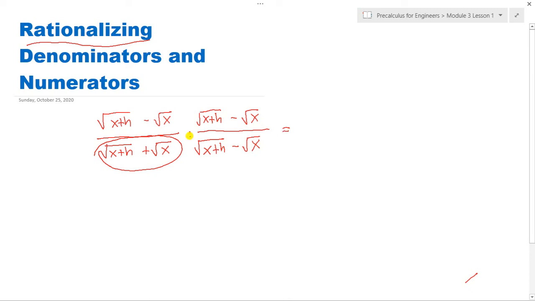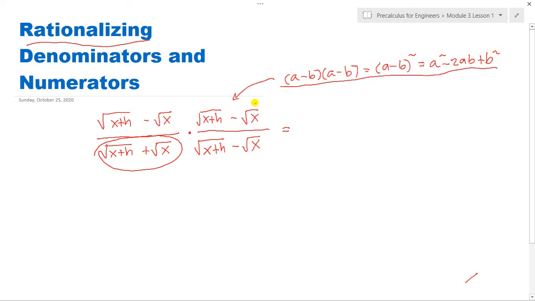And then multiply. So ito, since they are the same, so remember class, if you have a minus b times a minus b, this is just simply equal to a minus b squared, or in the FOIL method, this is equal to a squared minus 2ab plus b squared. So remember mo lang ito.